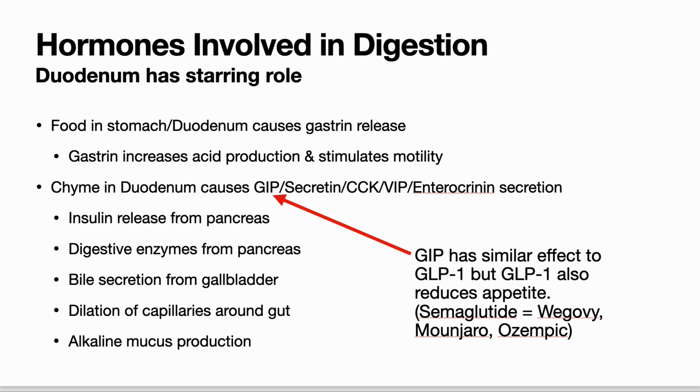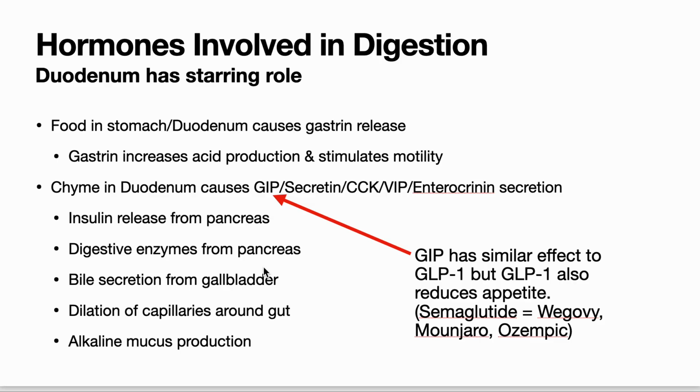I just wanted to point out that GIP is the one that causes the release of insulin from the pancreas. And so it's a good time to just point out that GIP has a similar effect to GLP-1, which is what you may have heard of as semaglutide. The issue with GLP-1 is that in addition to increasing insulin, it does also reduce appetite.